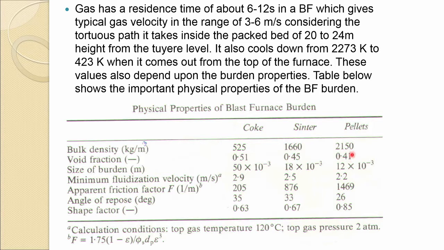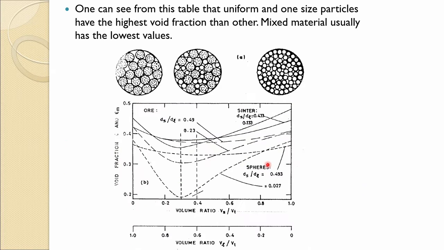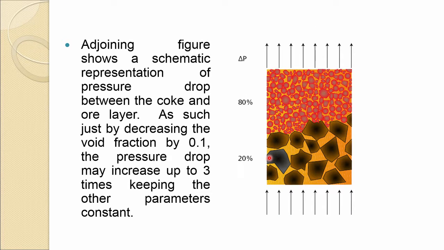Pellets, of course, are more spherical and one would expect this sort of void fraction usually for a spherical particle, but coke and sinter are irregular in shape. So, with more void fraction the pressure drop is less in coke, but here it is high. So, that can create a problem in the blast furnace.